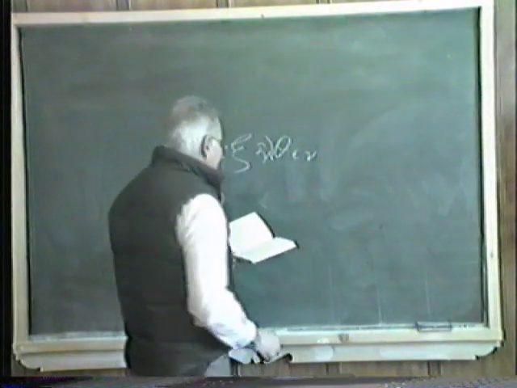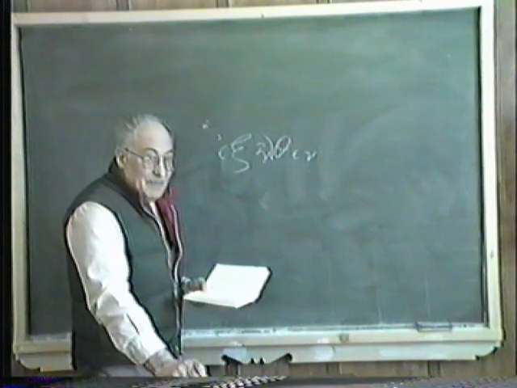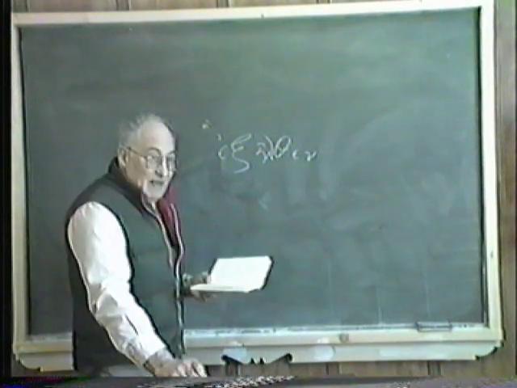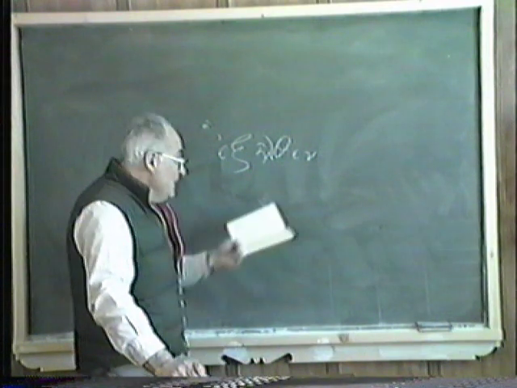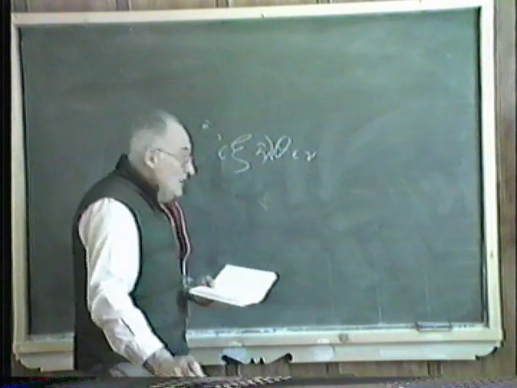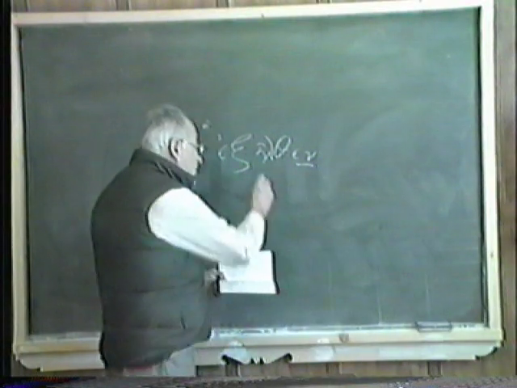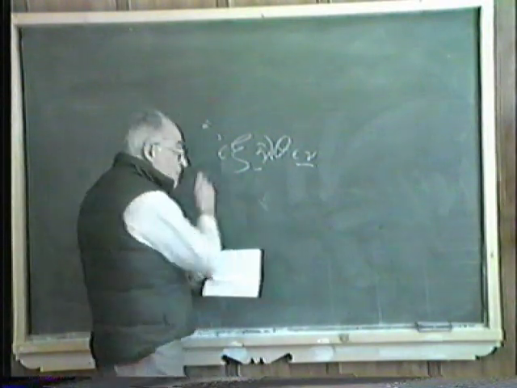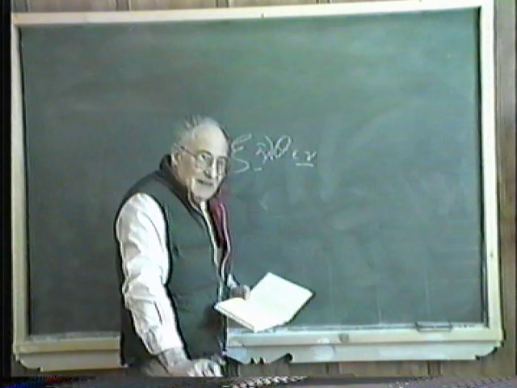Now then, what is that from? What's exelthen from? Erchomai. Ex-erchomai. Now then, that's a finite verb, isn't it? What person is that? Third person singular. And here's your augment, isn't it? And here is your prefix preposition. Now that's a third person singular, isn't it?